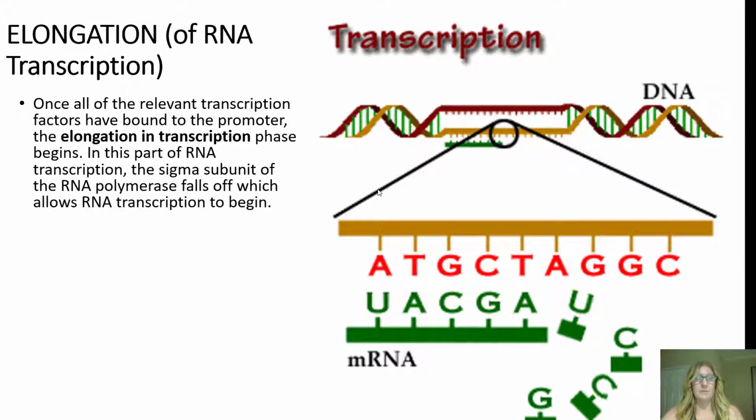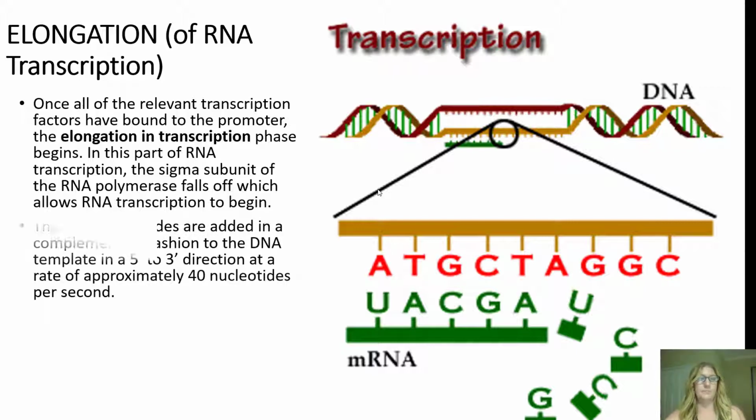And when the sigma subunit falls off, this allows RNA transcription to begin. The RNA nucleotides are added in a complementary fashion to the DNA template in the 5' to 3' direction at a rate of approximately 40 nucleotides per second.